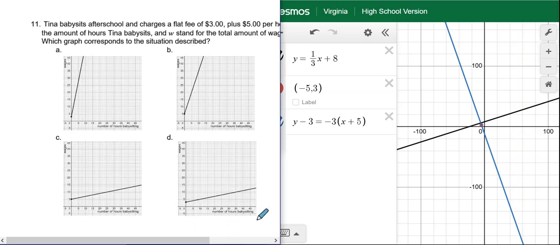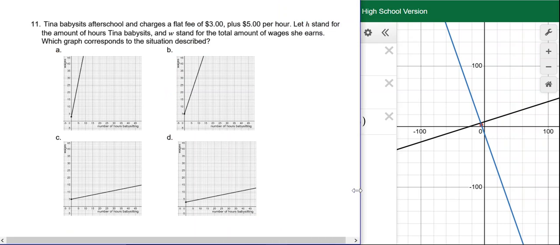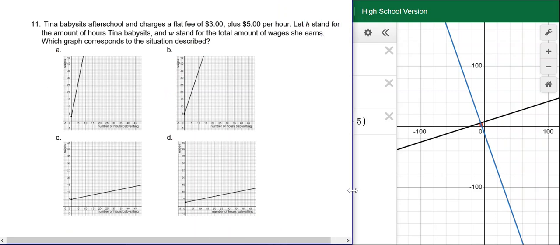A couple more. Okay, so this one, it's a word problem. It's been a while since we've done word problems in class, but let's see what we have. Tina babysits after school and charges a flat rate of $3 plus $5 per hour. Let H stand for the amount of hours Tina babysits, and W stand for the total amount of wages that she earns.